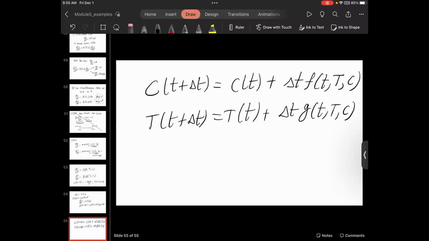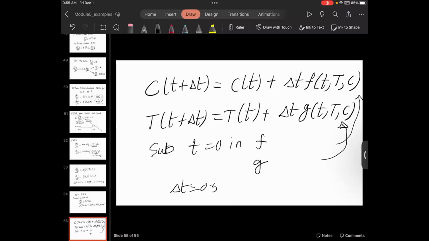Since we are nearing the end of the hour, what I will ask you to do is substitute t equal to 0 in f and g and put them here. And then you want to also use delta t equals 0.5 seconds.